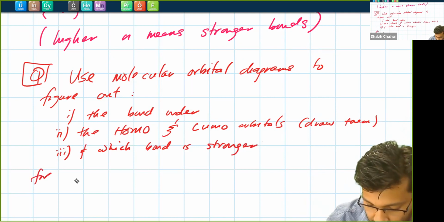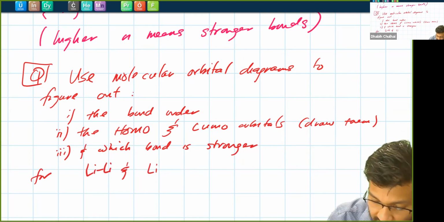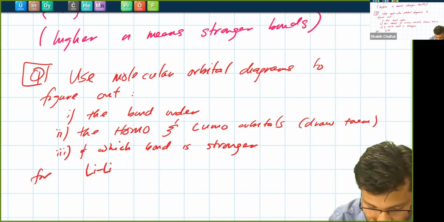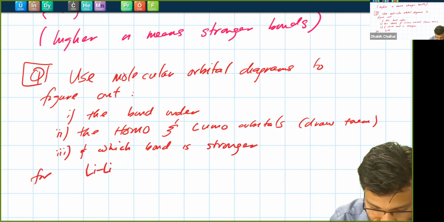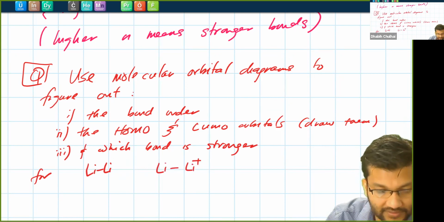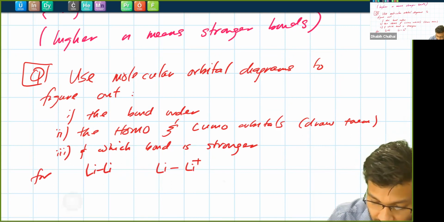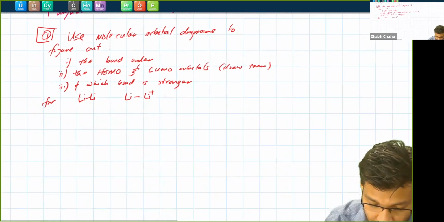Let's do lithium bonded to lithium, or let's do lithium bonded to lithium plus. Why not? So I'm going to do the first one for you.